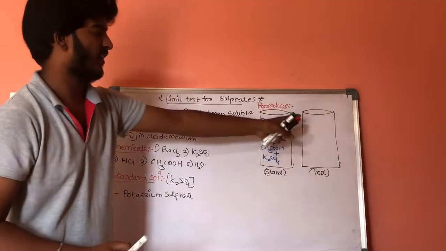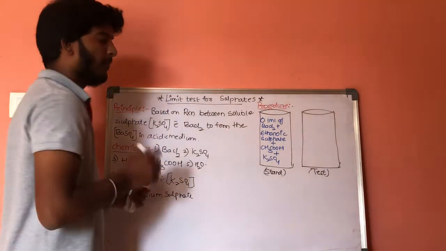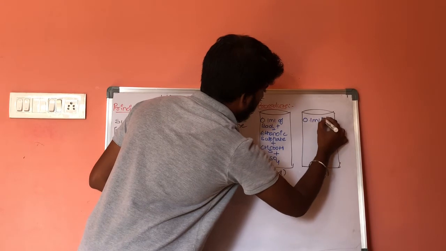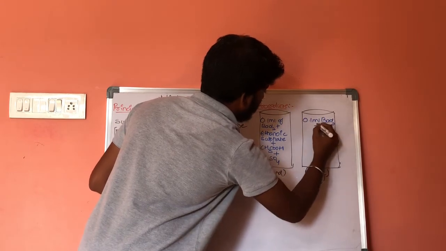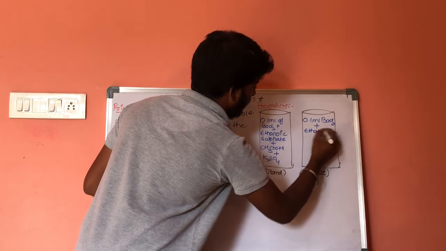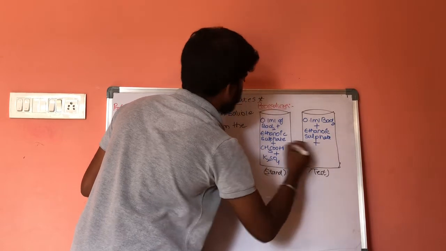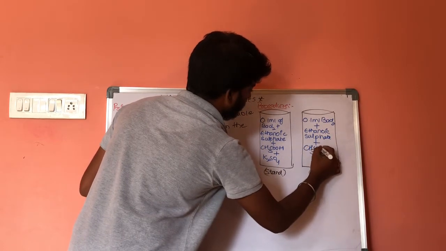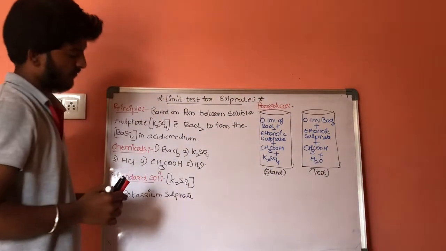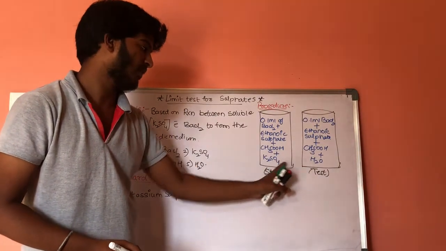The constituents used in the preparation of the test solution include 0.1 ml of barium chloride plus ethanoic sulfate, plus acetic acid, plus water, but the test solution does not contain potassium sulfate.